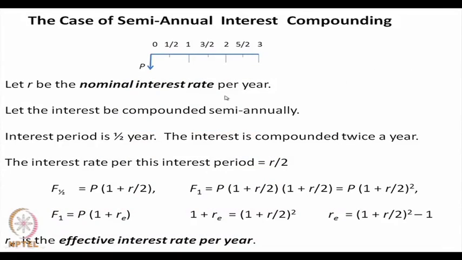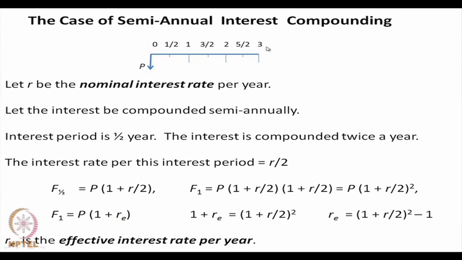So, this is the cash flow diagram for such a situation. This is year, this is 1 year, first end of first year, end of second year, end of third year, and this is half the year, this is 1.5 year, this is 2.5 year. So, time period if you write, it will be 0, 1, 2, 3, 4, 5 and 6.